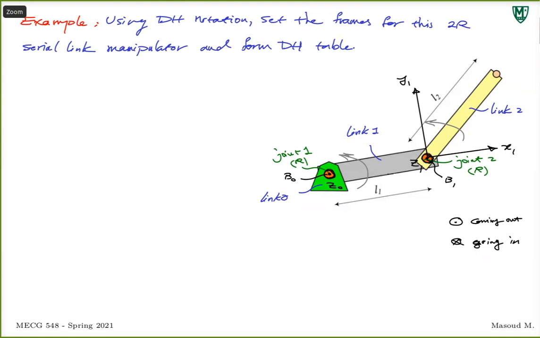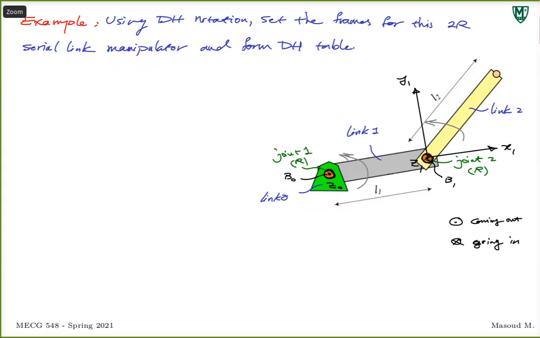All right. So we figured out frame 1. Any questions up to here? It's the first example, so I'm trying to make sure everyone follows what we are doing. We start numbering links and joints. Then we follow the rule for where the origin of each frame should be.